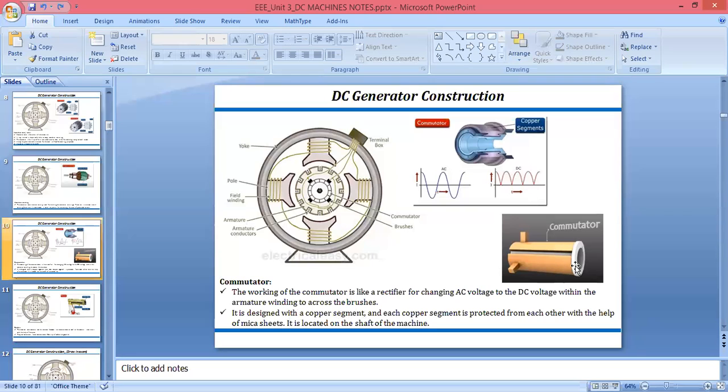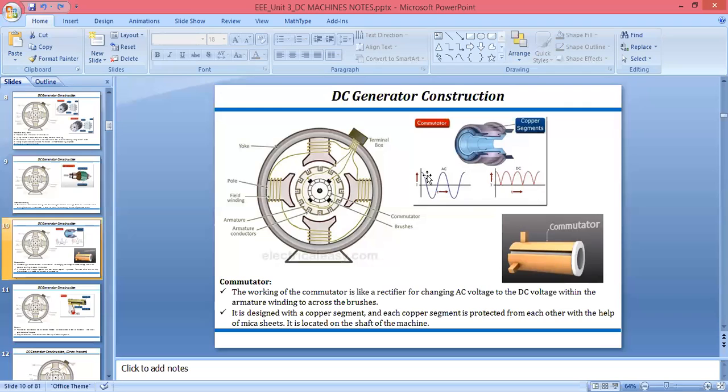If there are lots of segments, we can separate each from the other with the help of mica sheets. It is located on the shaft of the machine.